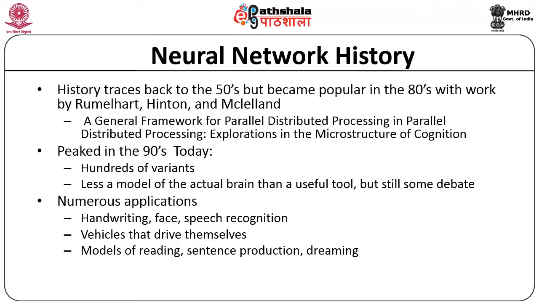This work kick-started the applications of neural networks in various domains, and in the 90s there was a significant level of research happening with respect to neural networks and their application. Hundreds of variants of neural networks and their designs came into picture, less a model of an actual brain than a useful tool, but there was still some debate about the application of neural networks in different applications.